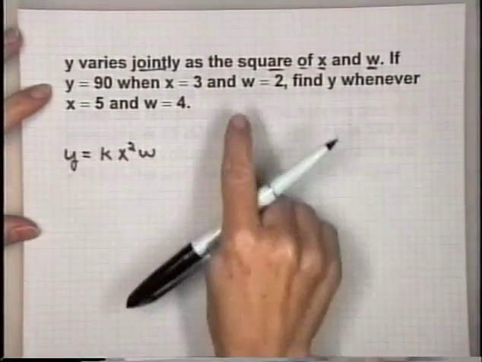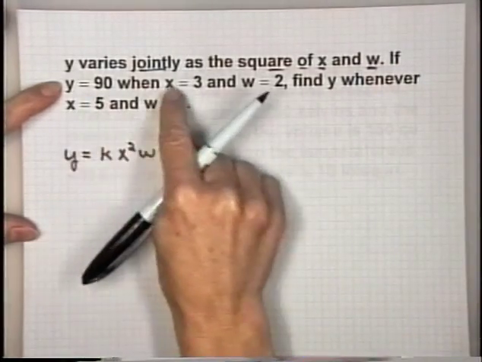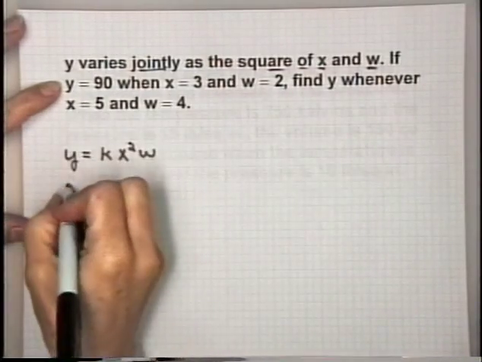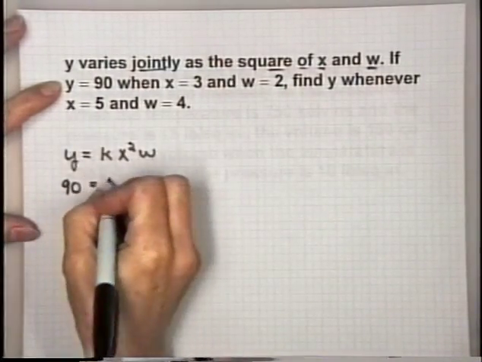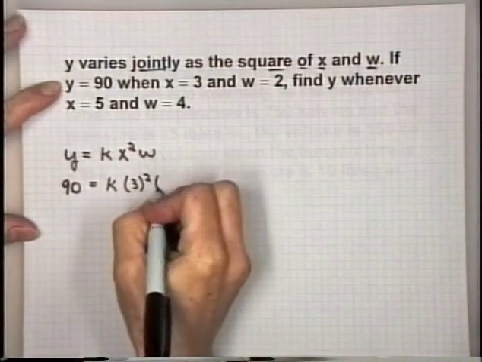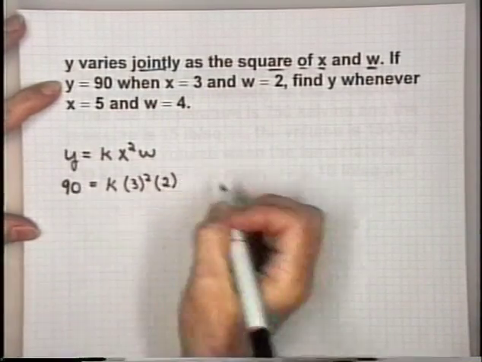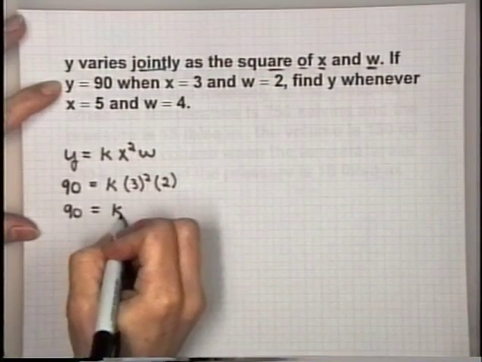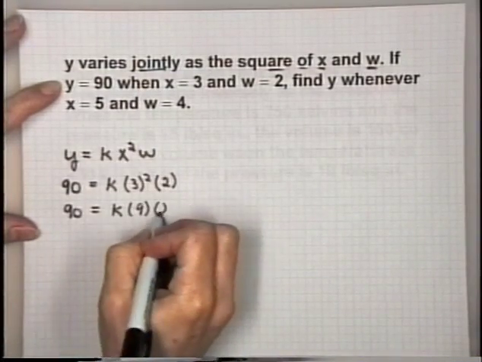Now, we're told y is 90 when x is 3 and w is 2. So y equals 90. That will be k times x is 3, so I have 3 squared, times w is 2. Let's find our k. I have 90 equals k times 9 times 2.